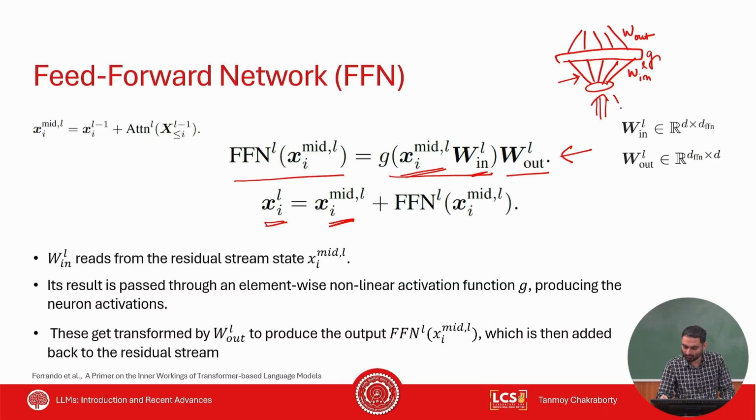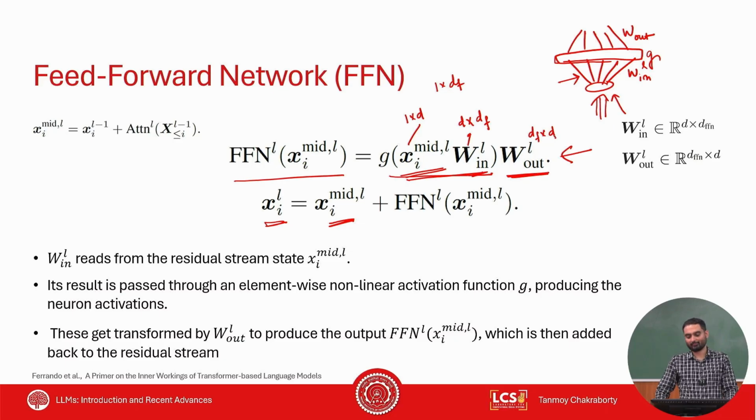The dimension of the input X_i is 1 times D. The dimension of this matrix is D times some dimension, let's call it DF. So the resultant dimension is 1 times DF. What is the dimension of W_out? The dimension is DF times D.